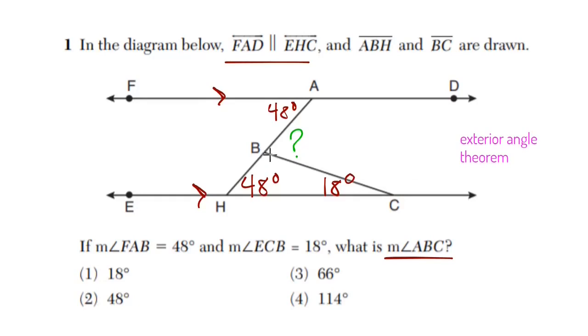So if you look, it's tempting to call this angle B. Don't do that. This angle right here is actually HBC, or CBH. If you and I add up these two angles, they should add to the exterior angle of this third angle, this angle right here. And we can do that quite easily. 48 plus 18 is just 66. That's exactly what this angle is because of the exterior angle theorem.